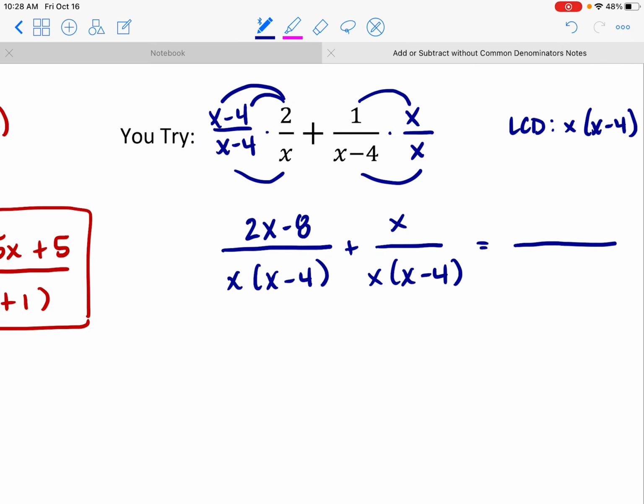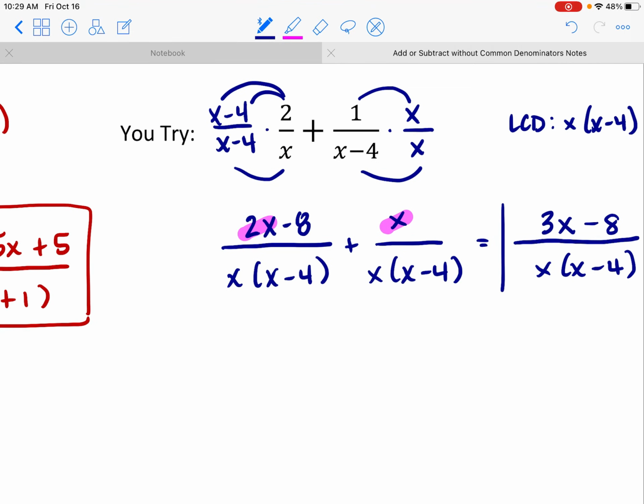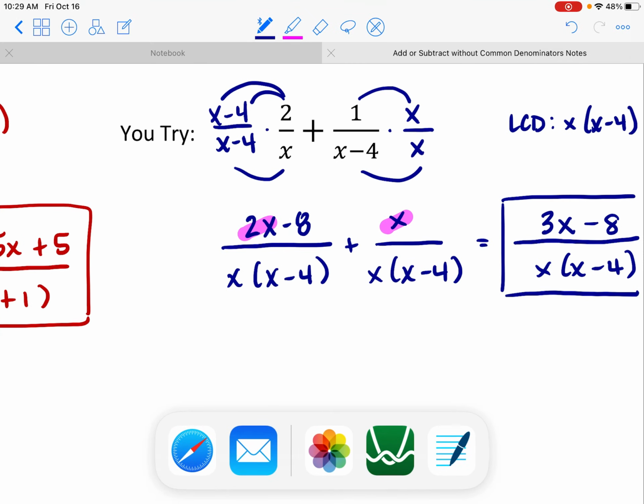So we're going to keep our common denominator, x and x minus 4, and then try to combine like terms from our numerators. So I can actually put together the 2x here and the 1x here. That's going to bring over 3x, and then the minus 8. And I can't factor 3x minus 8. And I have terms with nothing in common, which again means this is going to be my answer. Okay, not so bad, hopefully, so far.